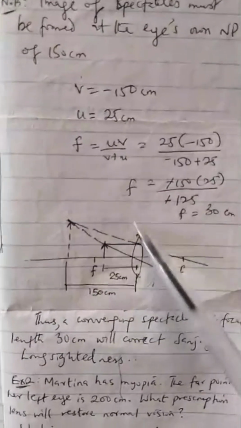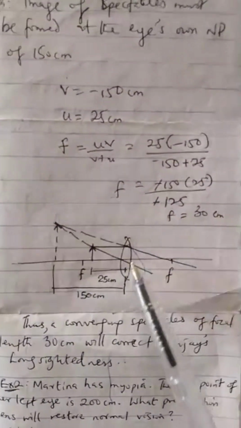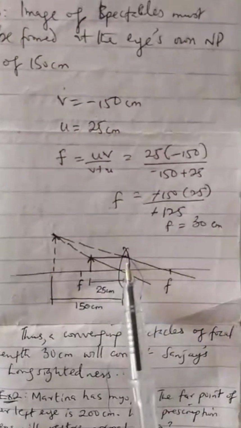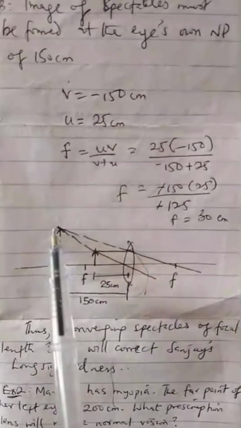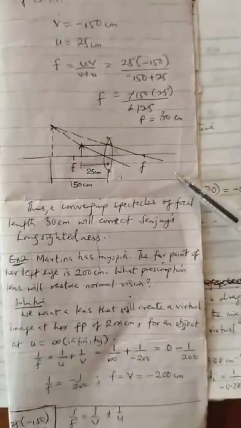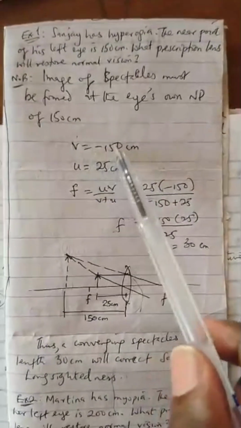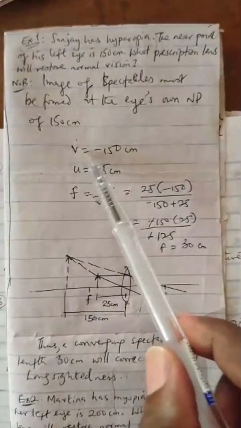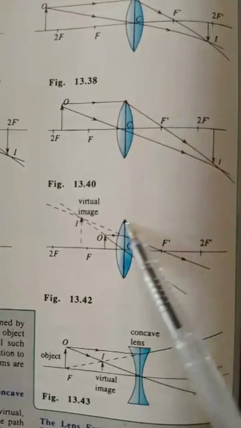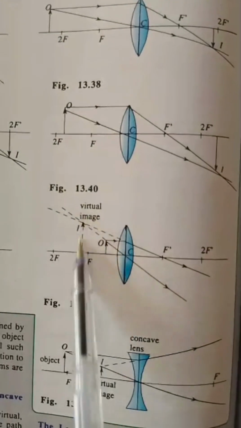So this is what the diagram looks like. This is the lens, this is the object distance. Just to point out very quickly, this is negative because this is a virtual image. The image is virtual.